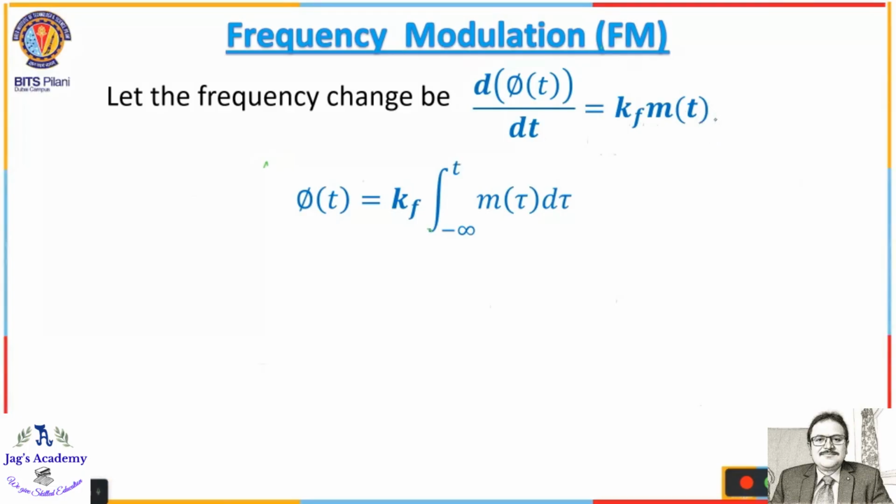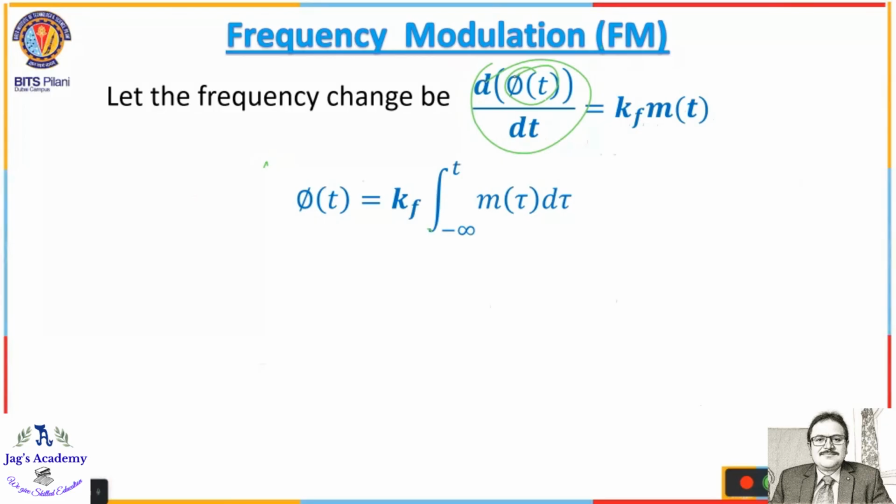what is phi of t? Tell me. This is frequency. Suppose if I want to convert it back to the phase angle once again, integration, right? What is phi of t? Phase angle. You convert it to frequency, it is d phi of t by dt, right?